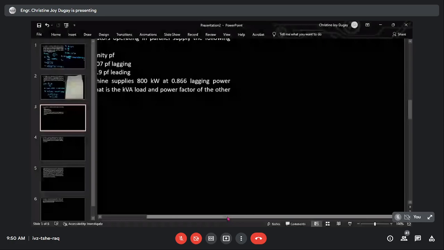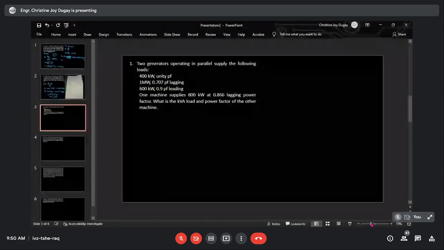Ito yung loads natin na connected sa generator. Yung kilowatt unity factor, so ibig sabihin that's a pure resistive load. Meron din tayong 1 megawatt, 0.707 PF lagging, and 600 kilowatt, 0.9 PF leading.